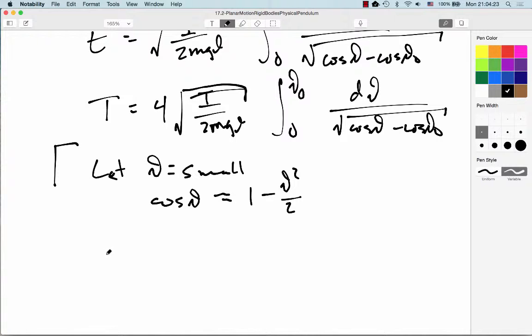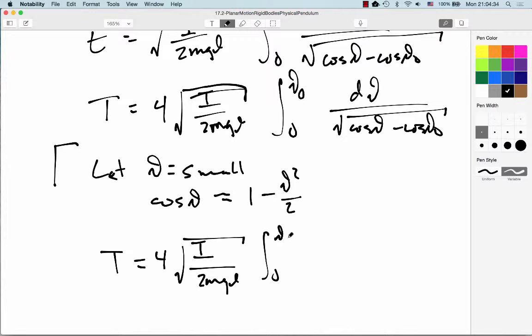So then I can get the period to be 4 times root I over 2 mgl, integral 0 to theta naught, d theta over the square root of theta naught squared over 2 minus theta squared over 2 after I substitute in.